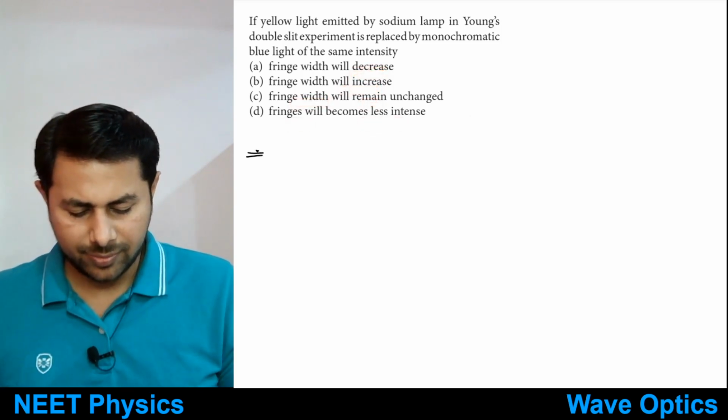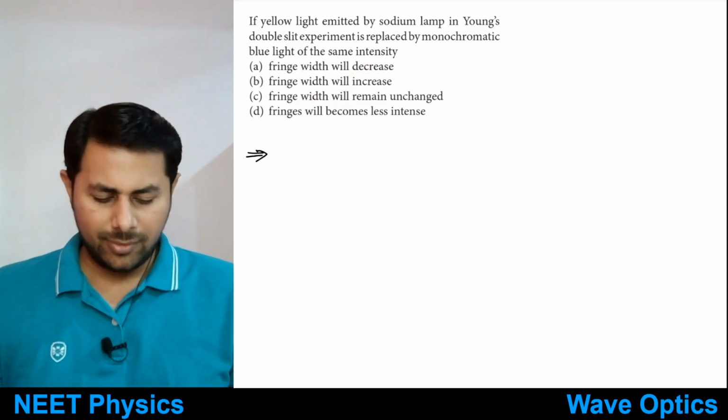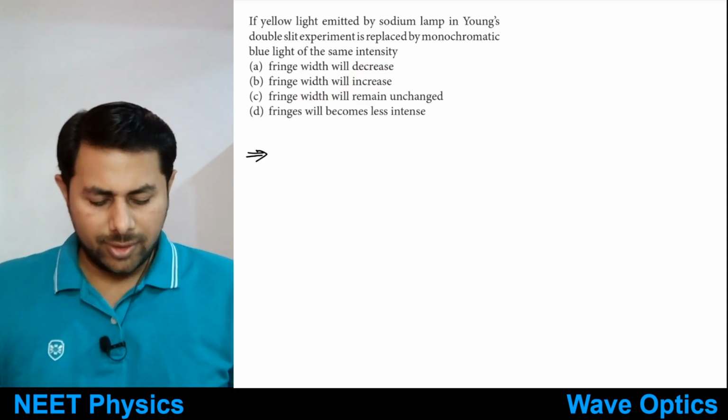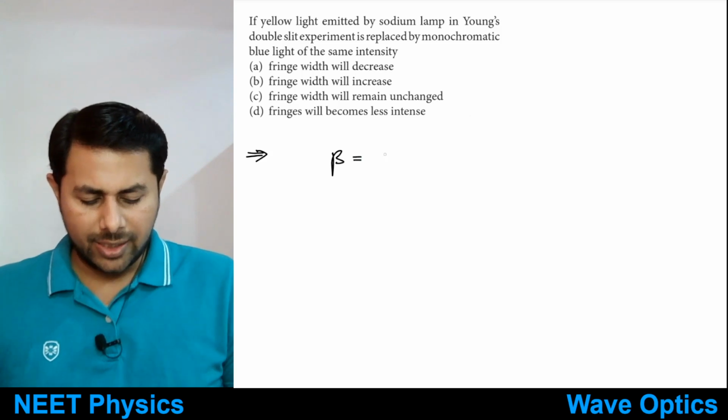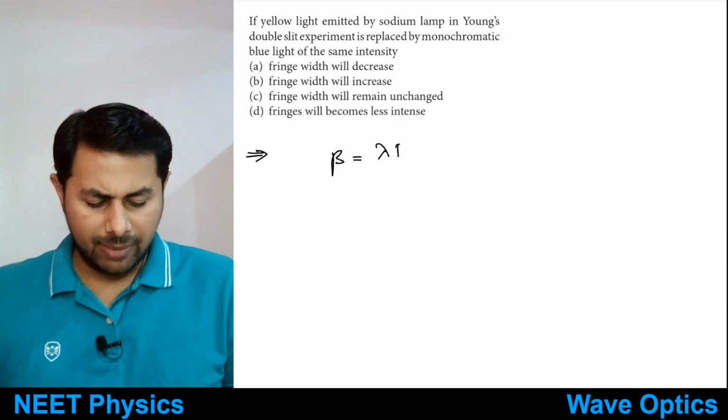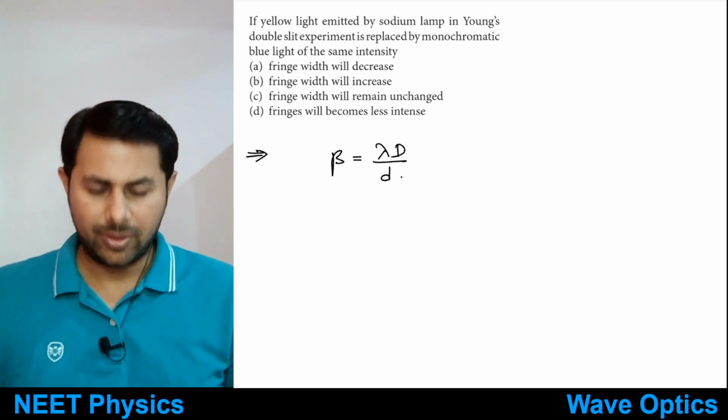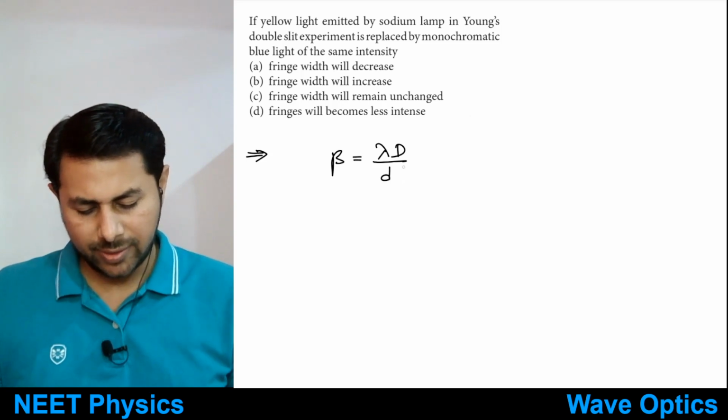Tell me. You have fringe width directly proportional to lambda. It is lambda capital D by small d. Option A, it will decrease.